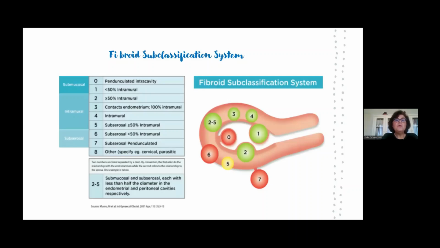In the fibroid subclassification system, type 0, that means pedunculated intracavitary, type 1, less than 50 percent intramural, and type 2, more than 50 percent intramural, can be removed by office hysteroscopy.